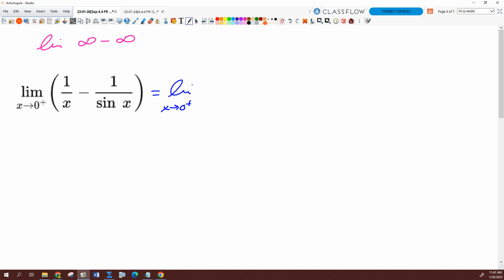If we get a common denominator, what am I going to have to multiply this first fraction by? What over what? What's my common denominator going to be? x sine x. So then what's this first term going to become?